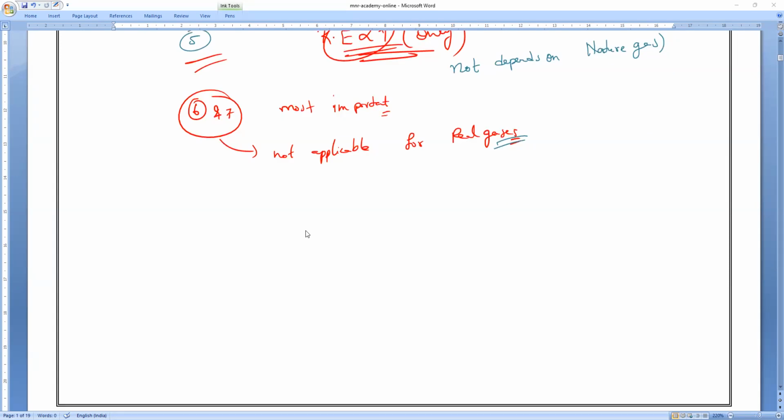What is the kinetic gas equation? Already you have written it in classwork. I sent it to you also. What is the kinetic gas equation, please? PV is equal to 1 by 3 M N urms square.